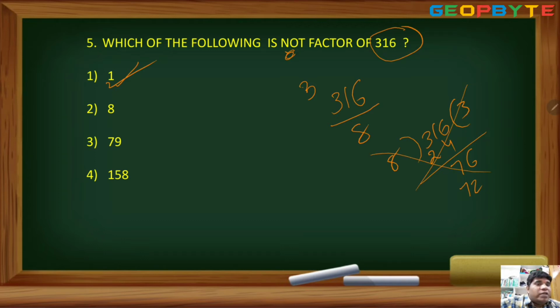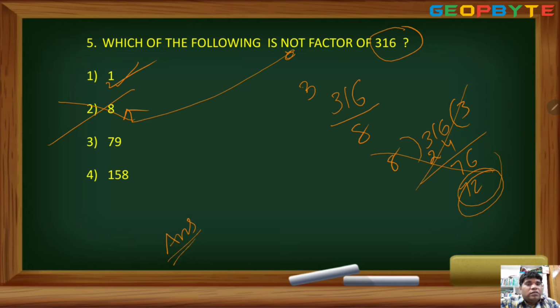It is not divisible exactly. So we have some remainder. If we have some remainder, it is not a factor. So this is not a factor. So not a factor means the answer is 8. Answer is the key, 2.